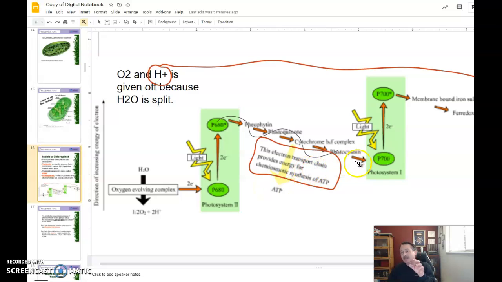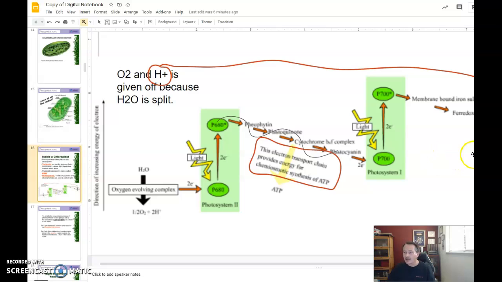And now those electrons are de-energized just enough to where they can be used to replenish the electrons that are lost here in P700. And then those electrons are then passed on to help combine or bond NADP plus with hydrogen.